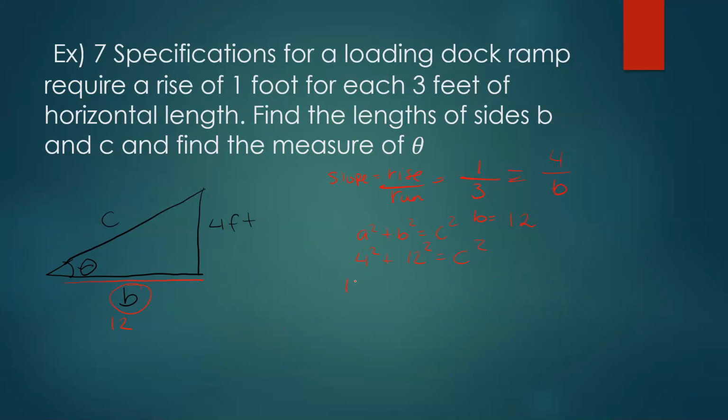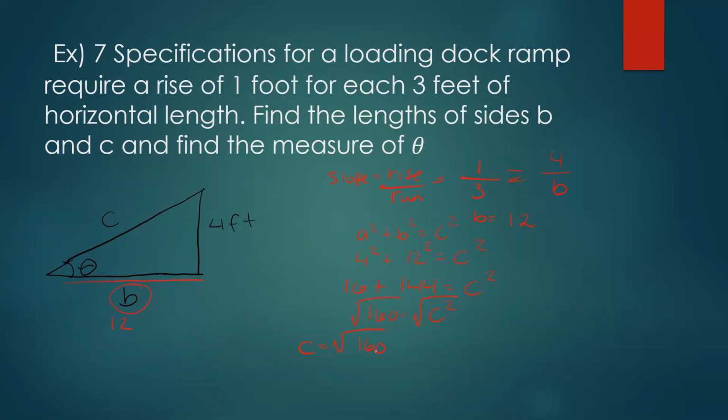So 4 squared is 16 plus 12 squared is 144 equals C squared. So 16 plus 144 is 160 equals C squared. We got to find C, so we got to get rid of the square. So we're going to take the square root of both sides. So C equals square root of 160. Now, you don't want to leave it as a decimal.